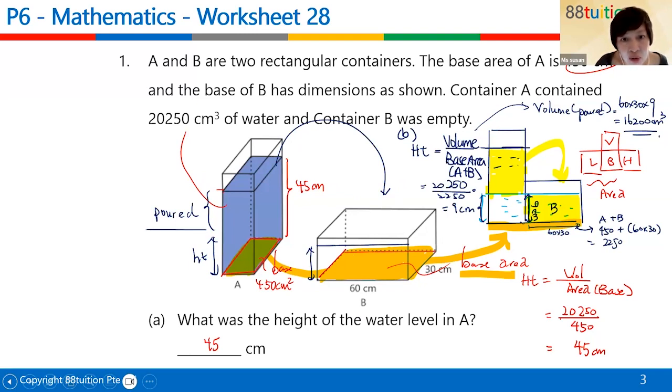Aiyo, Mommy, you kiasu ah? You think it's go home time? Eat out everything ah. I know you got 7/7. I know you got all correct.